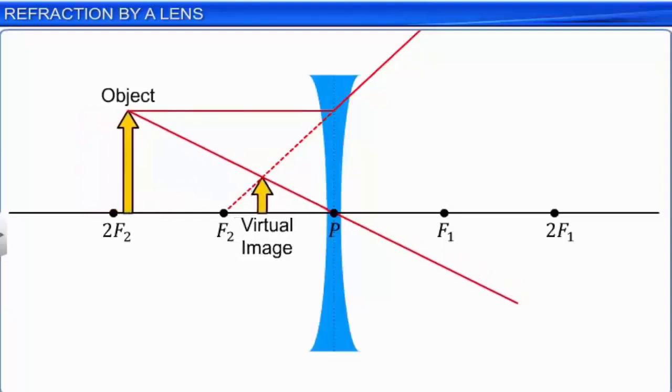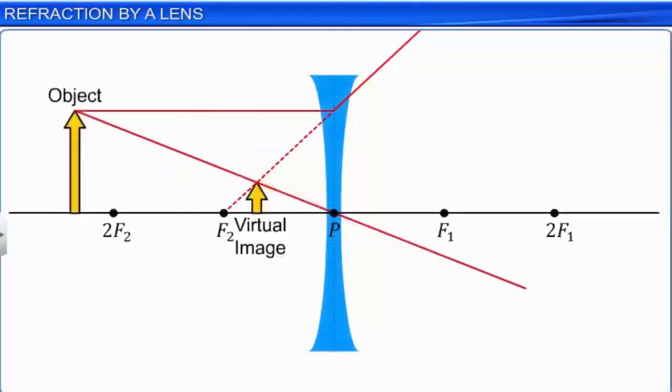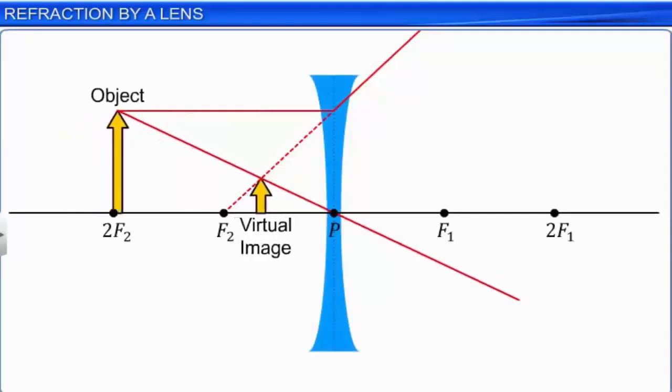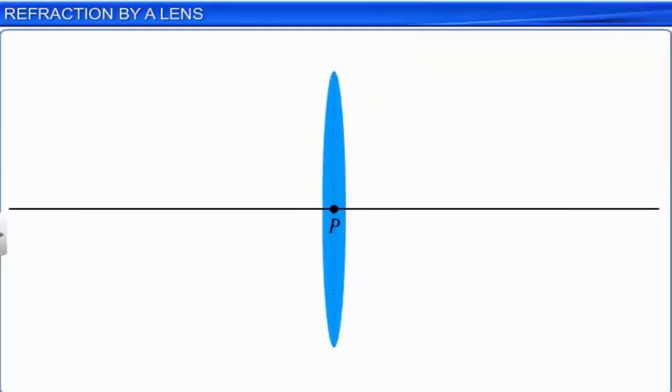The images formed by a lens can also be explained mathematically as follows. Consider a double convex lens AB made of material with refractive index N2 and placed in a medium of refractive index N1.